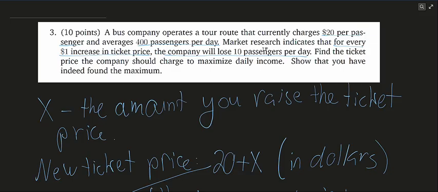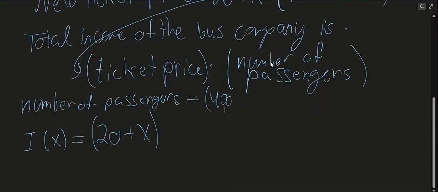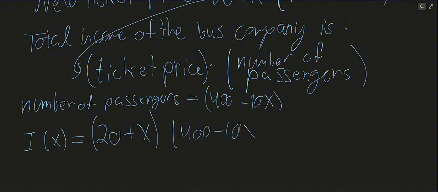But we've already denoted this amount of increase in dollars as X. So the number of passengers you lose is 10x. So the updated number of passengers is 400 minus 10x. So your I of x, your total income, is going to be 20 plus x times 400 minus 10x.